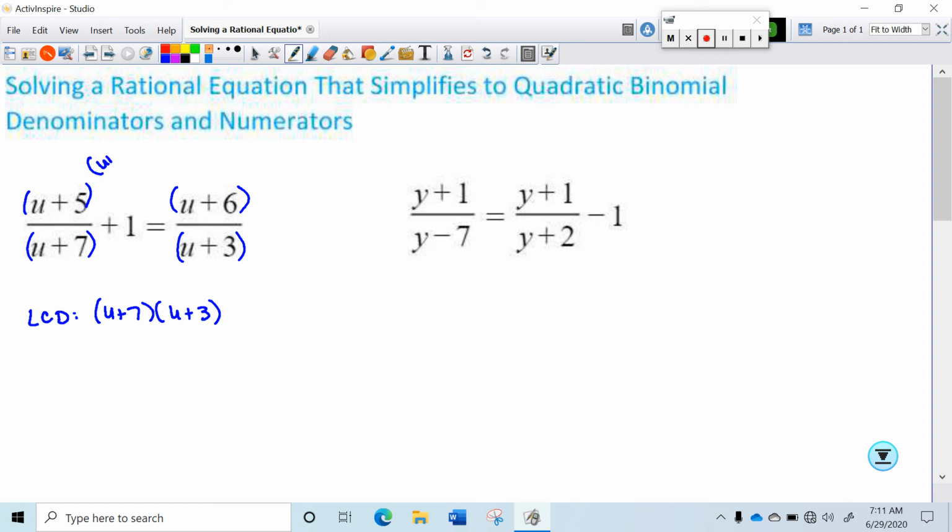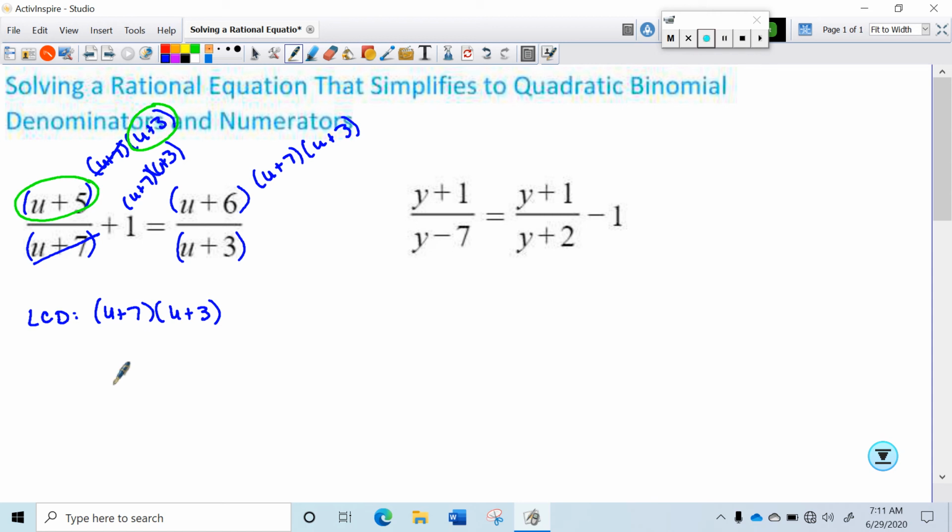So u plus 7 times u plus 3, u plus 7 times u plus 3, u plus 7 times u plus 3. Okay, top families cancel with bottom if it's a fraction and it's the same thing. So u plus 7 cancels with u plus 7. So that gives me u plus 5 times u plus 3.